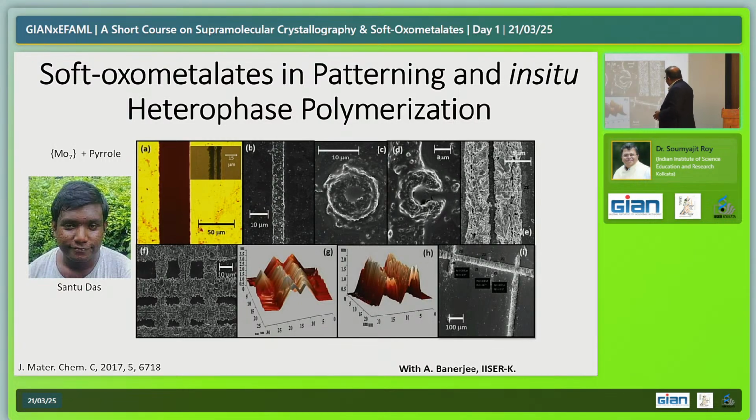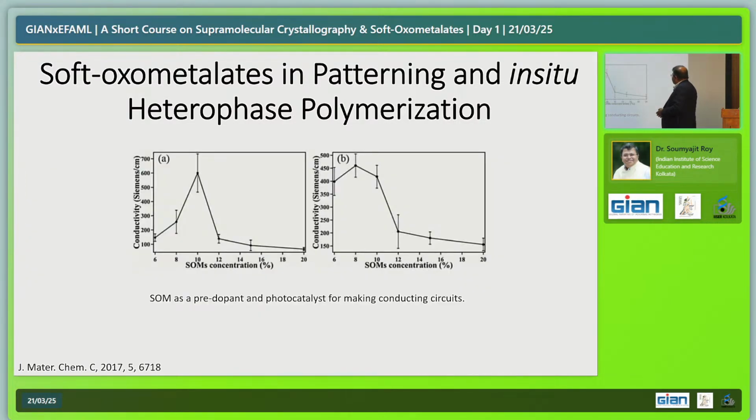And not only that, what we found is when we change the SOM concentration, there is a certain concentration of SOM at which there is a maximum conductivity. So we then measured conductivity, and by measuring conductivity we were able to see that we have in fact made plastic conductors.